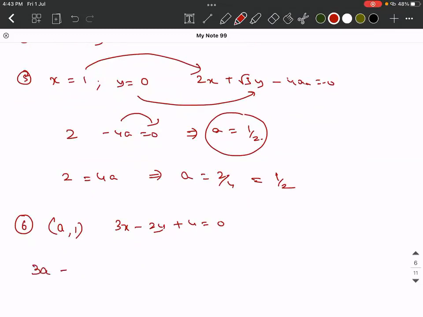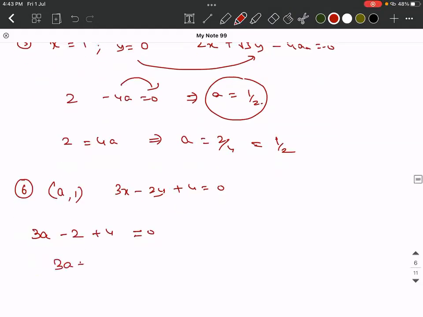So 3a minus 2 plus 4 is equal to 0. So 3a plus 2 is equal to 0, which implies a is equal to minus 2 by 3. Is there anyone having problem if I write the solution directly? Are you guys able to understand? Yes, sir. So 3a is equal to minus 2, which implies a is minus 2 by 3.